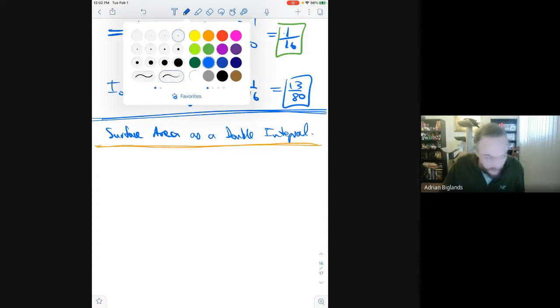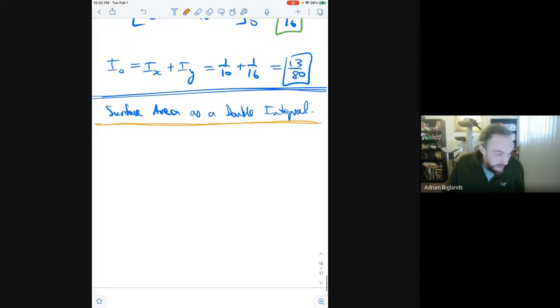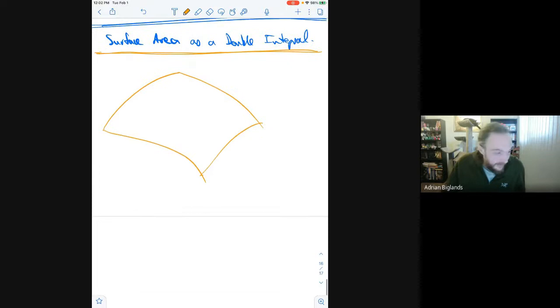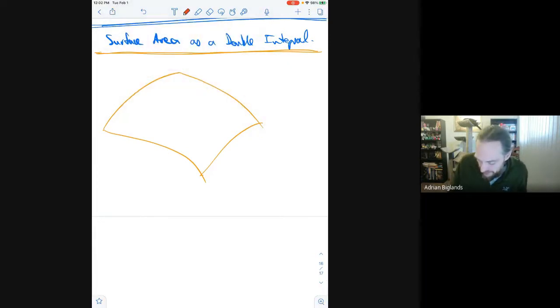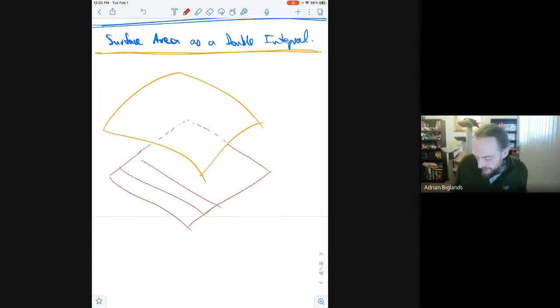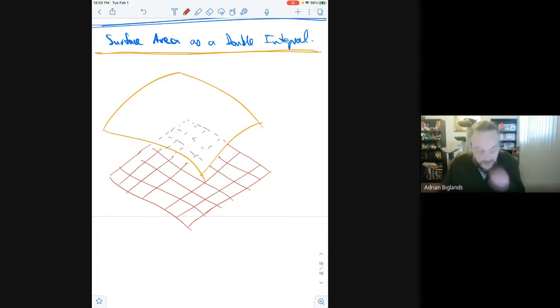So let's try to draw this. If I have something like this, and then it's over a rectangle. And then we subdivide it up. So we chop this up and we get a regular region.